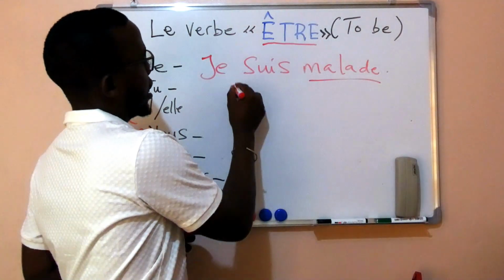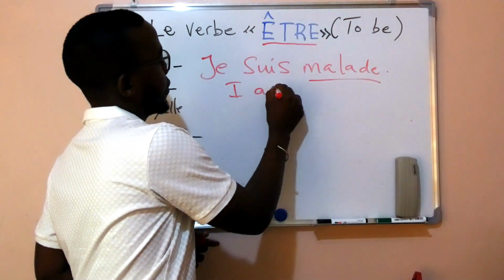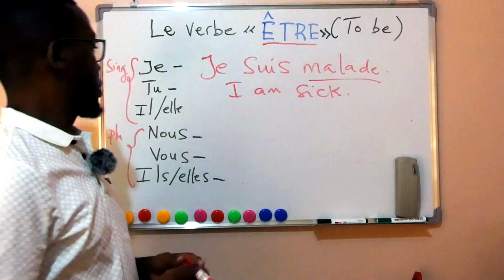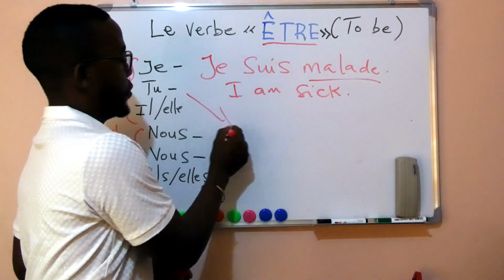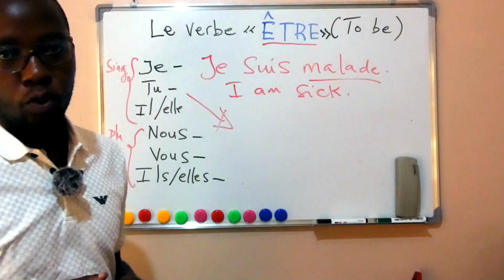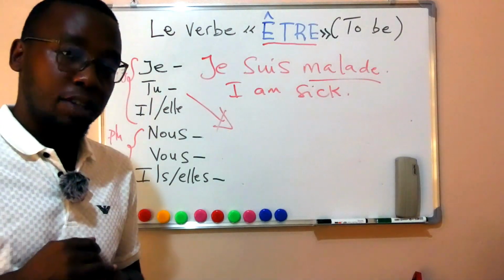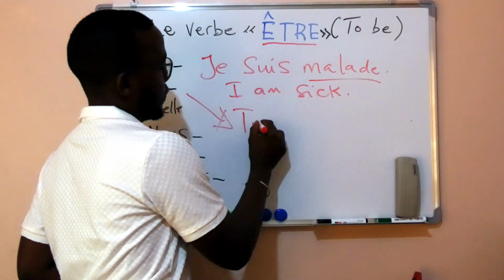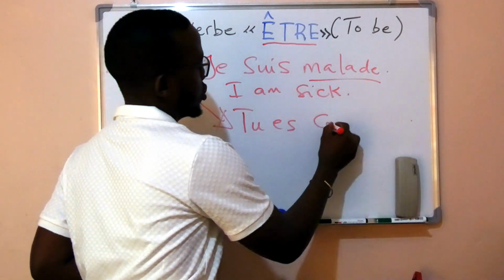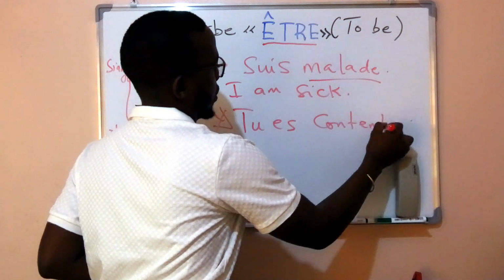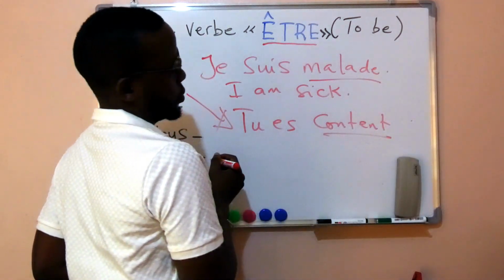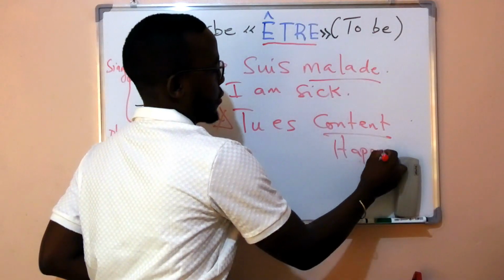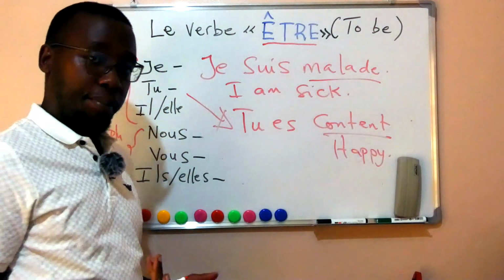I am sick. Now, for example, the next one, the second person singular, tu es content. Content means happy. You are happy.